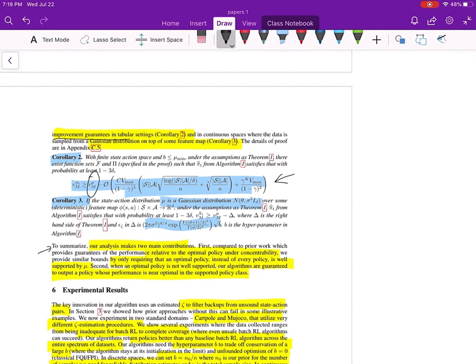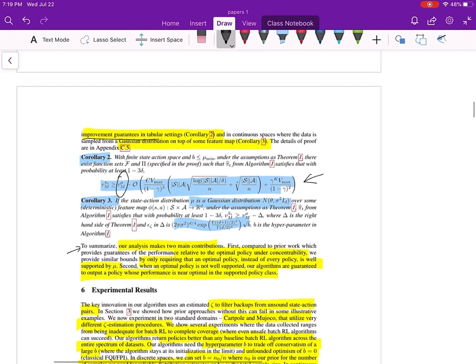Just to summarize, compared to prior work, which provides guarantees of the performance relative to the optimal policy under concentrability, we provide similar bounds with respect to the optimal policy as well as the dataset policy. And with respect to the dataset policy, it is said to be safe.